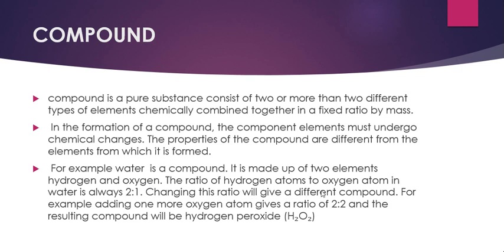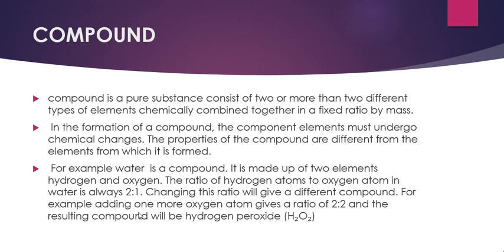The ratio of hydrogen atoms to oxygen atoms in water is always 2:1, means H2O, 2 atoms of hydrogen and 1 atom of oxygen. Changing this ratio will give a different compound. If you change the ratio from 2:1, then the compound will not remain water anymore. It will change. Clear?